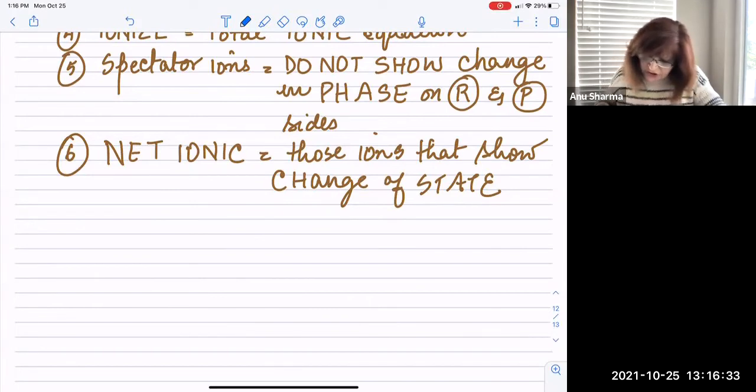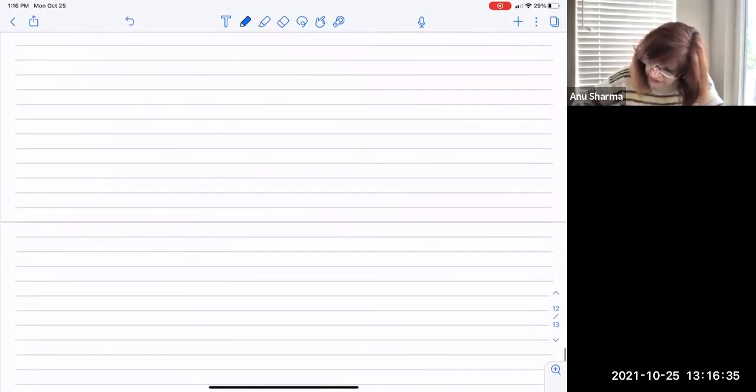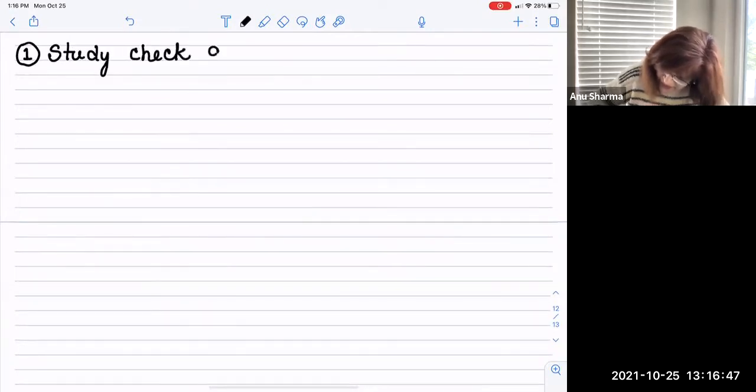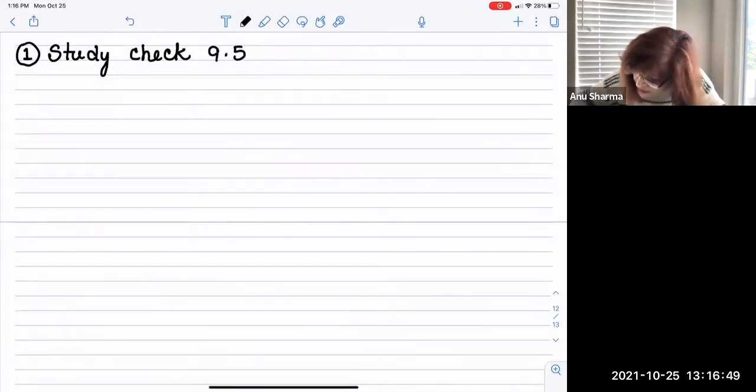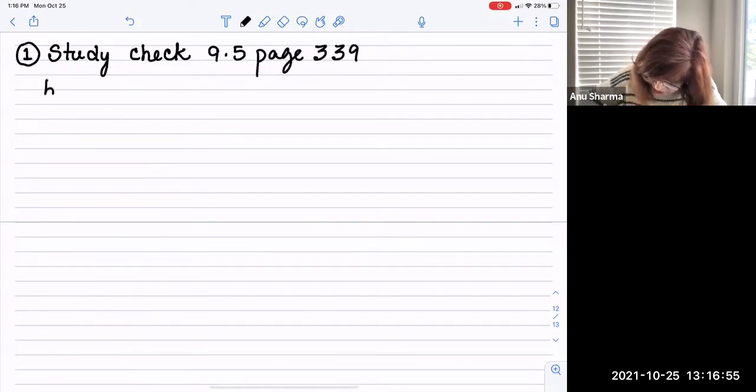Let's do that. Study check 9.5. So here is number one. Study check 9.5, page 339, and this is part B.